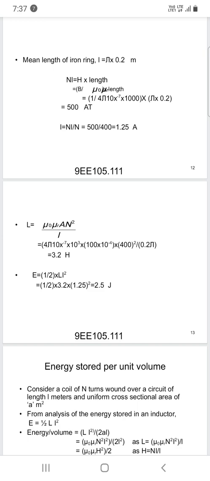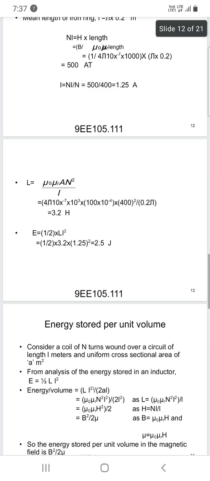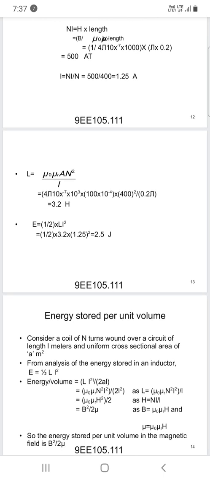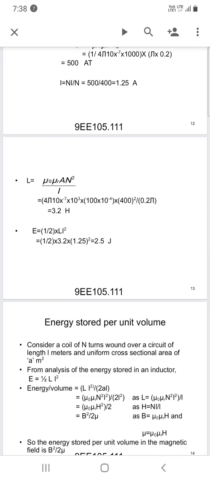Next we have to find the value of inductance of the iron ring. L is equal to mu naught into mu r into A into N square by l. Substitute mu naught value 4 pi into 10 power minus 7, mu r value equal to 1000, area of cross section 10 power minus 4, N square 400 square, by length 0.2 into pi.